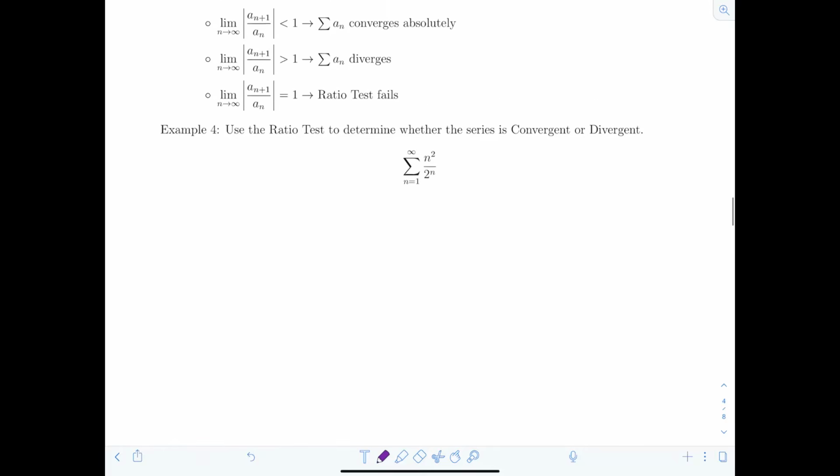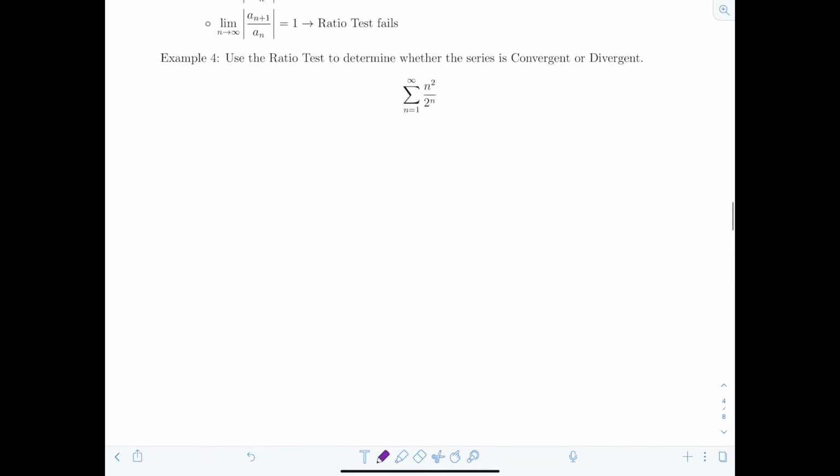Okay, so use the ratio test to determine whether the series is convergent or divergent. So we have the sum n equals 1 to infinity of n squared over 2 to the n. So they're telling us to use the ratio test. Later on, they're not going to be so nice. So we have the limit as n approaches infinity of the absolute value of a sub n plus 1 over a sub n.